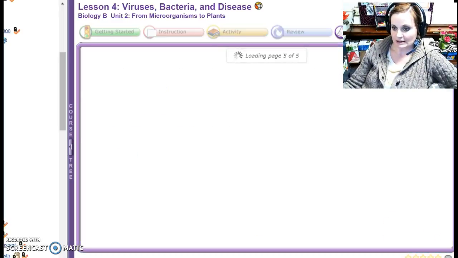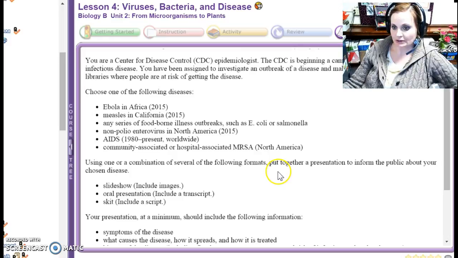Additionally, the next 2 pages list some additional diseases: Ebola in Africa, measles in California, any foodborne illness outbreaks such as E. coli and salmonella, non-polio enterovirus in North America, AIDS, and MRSA.